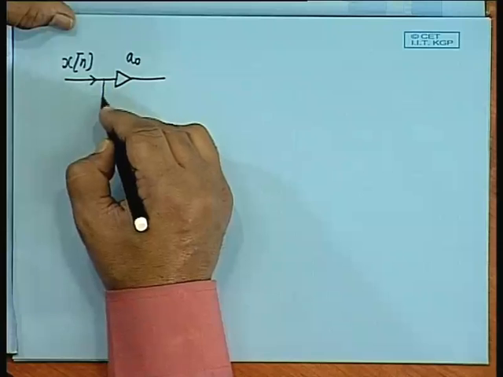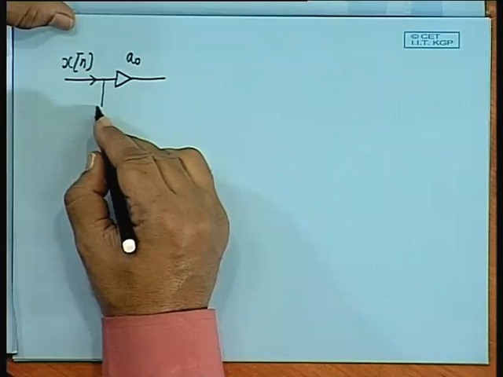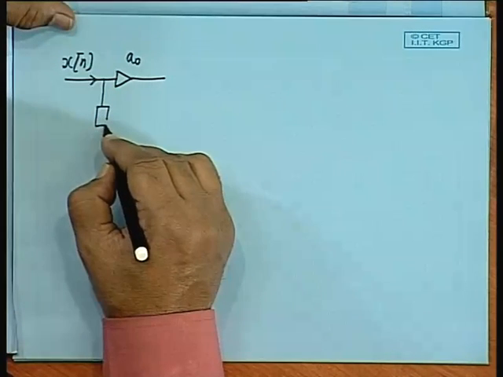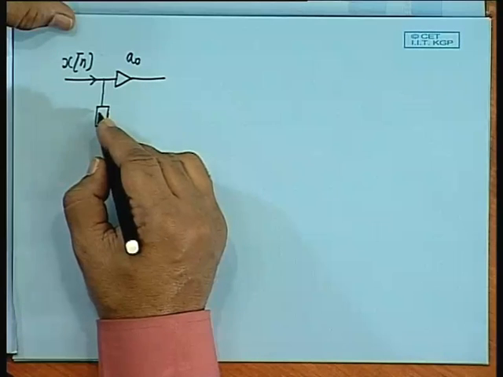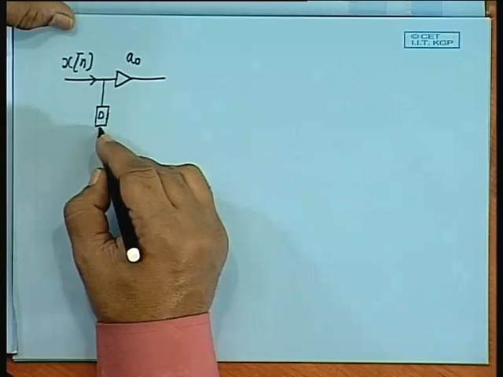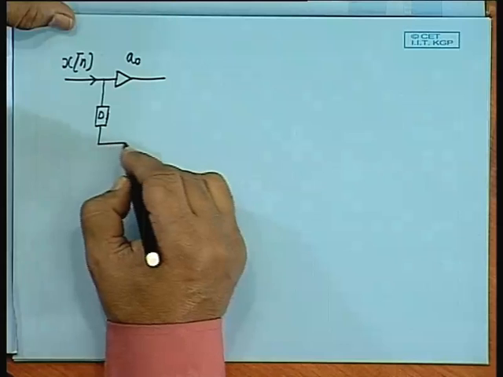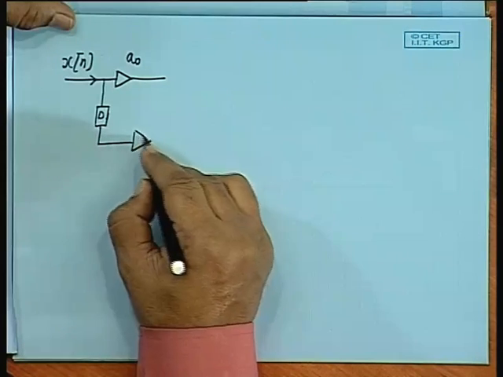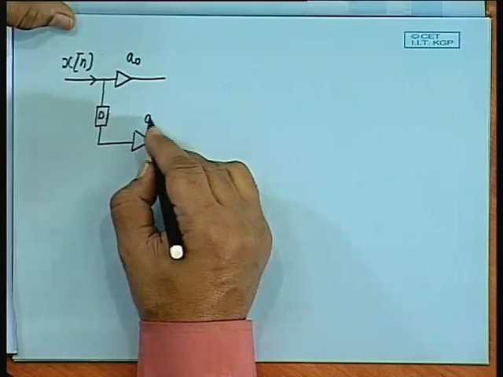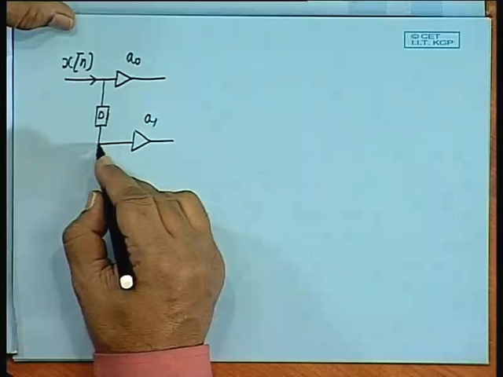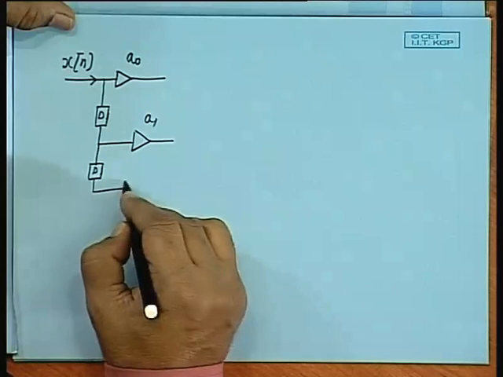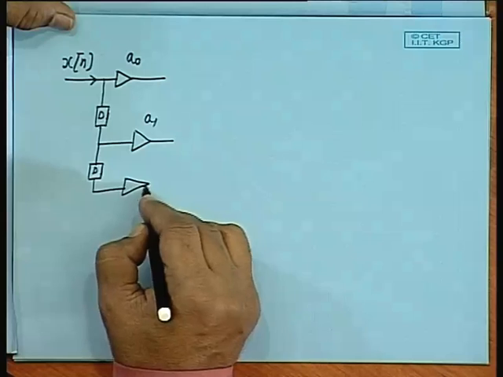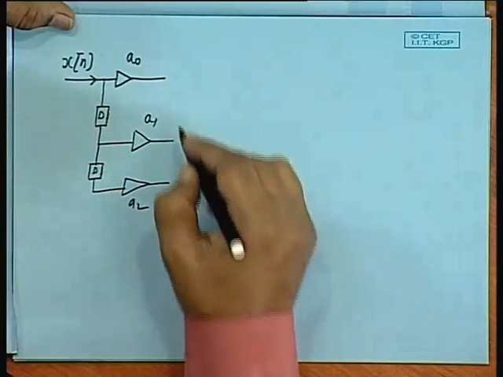So, I take x n here, I tap it here, put a delay element, you can write B or capital D, then multiplied by A1, then again take another delay multiplied by A2. Okay.